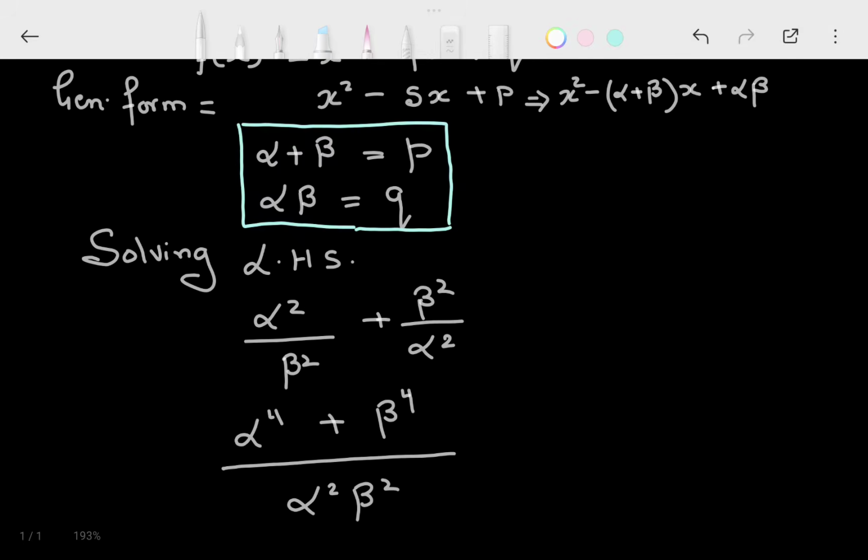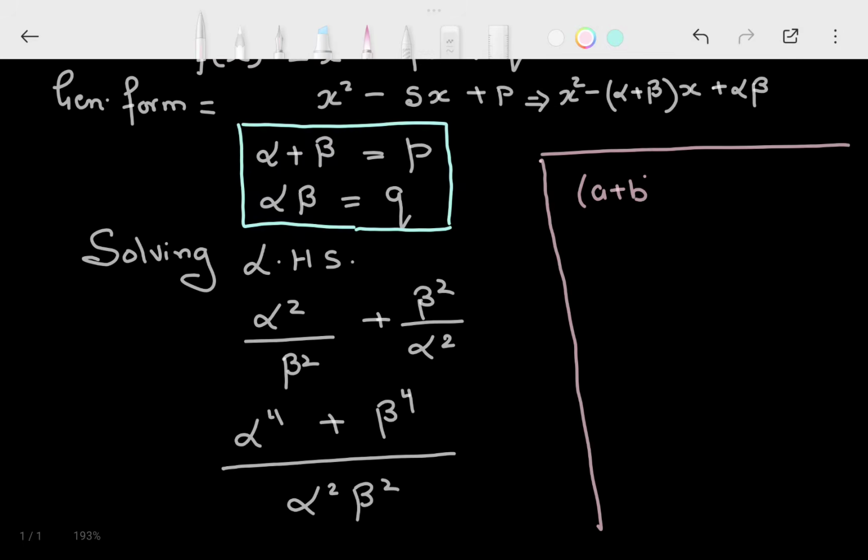Now how to solve this? First we are going to understand the identity that will be used. See, we already know this identity. A plus B whole square is equal to A square plus B square plus twice AB. So we are going to rearrange this identity.